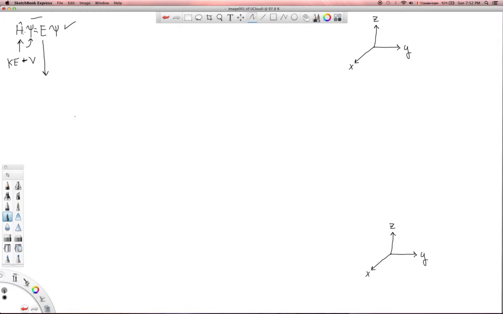Because these operators in quantum mechanics are very special in the way that they're set up. And again, I'm not really going to talk about the formalism, but there are specific sets of solutions for this operation.